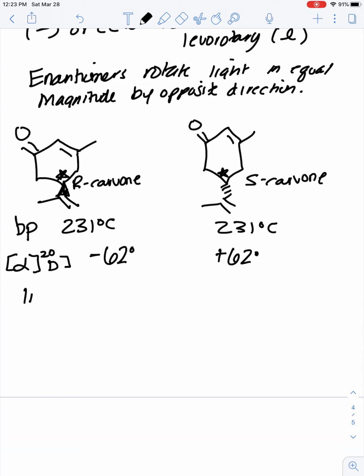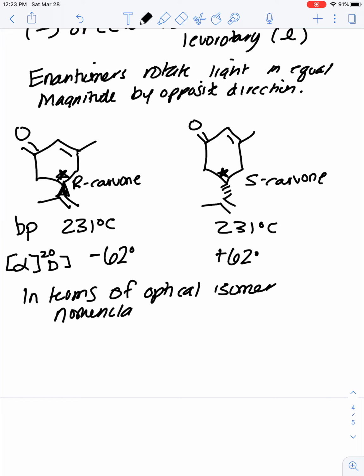So in terms of optical isomer nomenclature, there's a few ways that this can be written. Our carvone can be written as minus, which indicates the negative rotation.